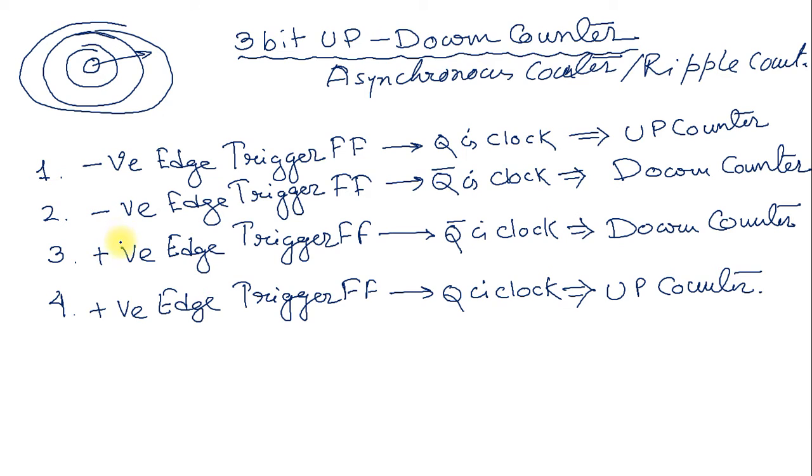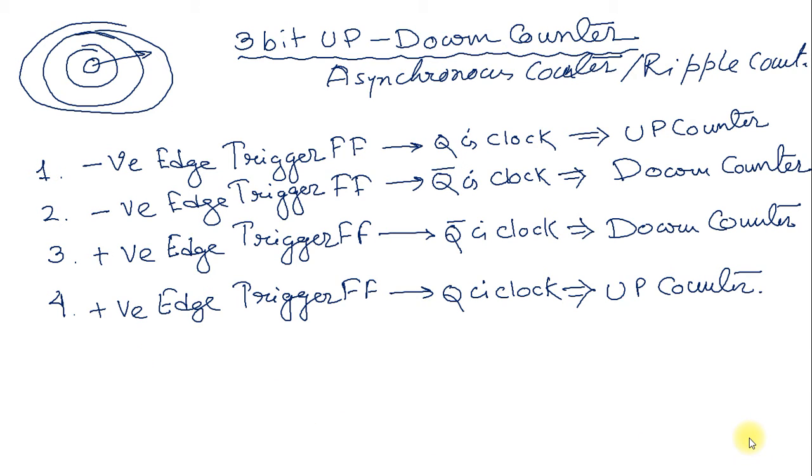If we consider a negative edge triggered flip-flop with the clock derived from Q complement, then the counter acts as a down counter. Likewise for a positive edge triggered flip-flop.